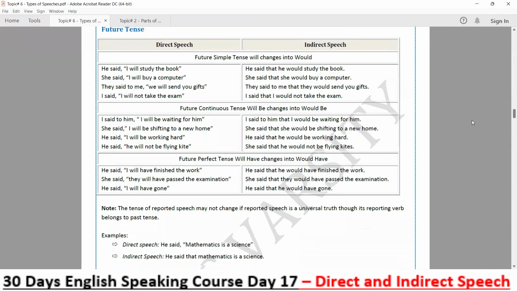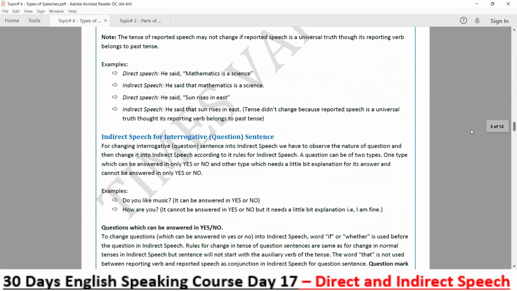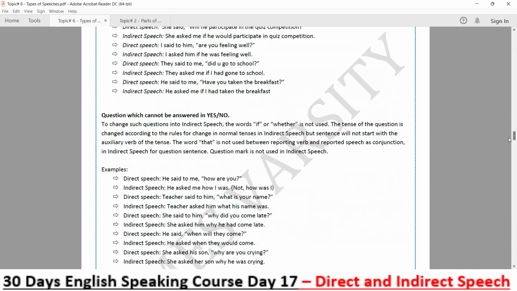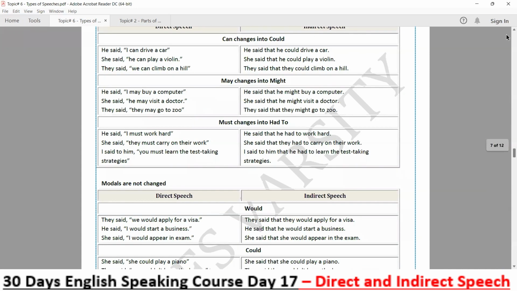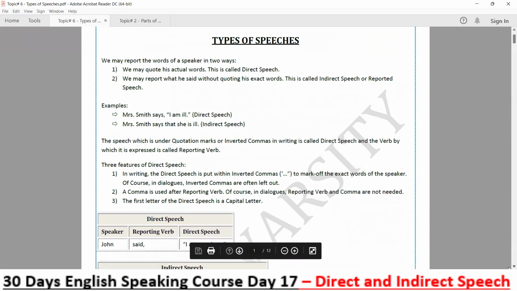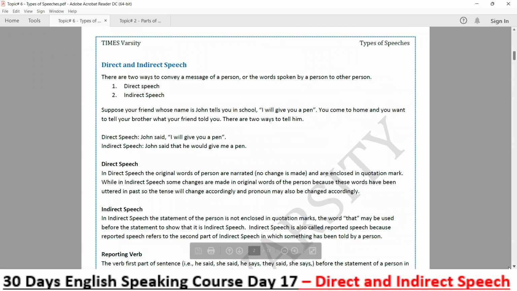Past tense we discussed. Similarly, for different sentences, different rules are there. First, I want you to understand the types of speeches and all those details. Then in our next session, we will start from topic number 34.